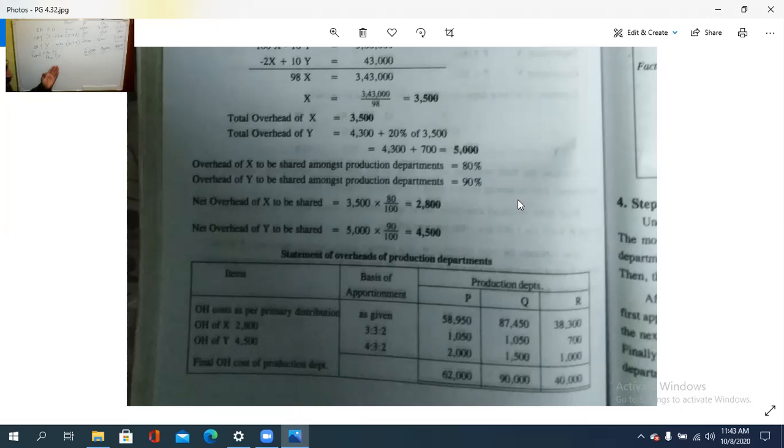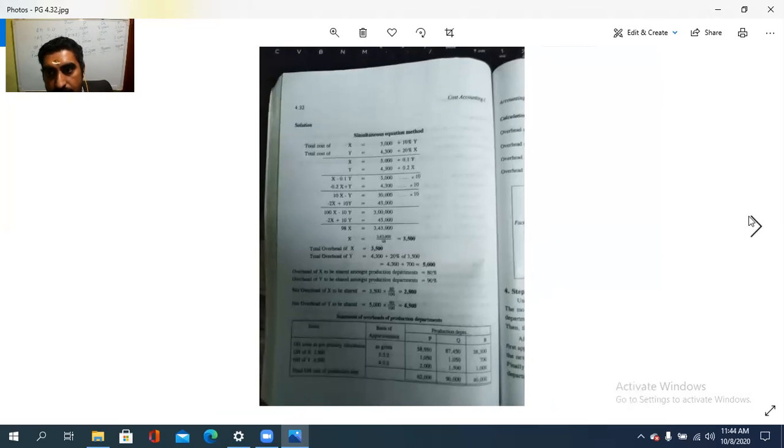After that, in the statement of overheads to the production department, we need to apportion: overhead of X, 2,800, among 3:3:2 for P, Q and R, and Y, 4,500, in 4:3:2, also apportioned among P, Q and R in these ratios, and we get the final overhead cost of the production department.